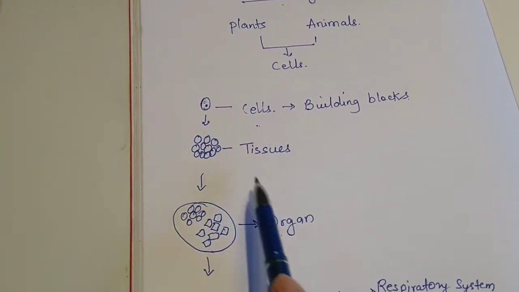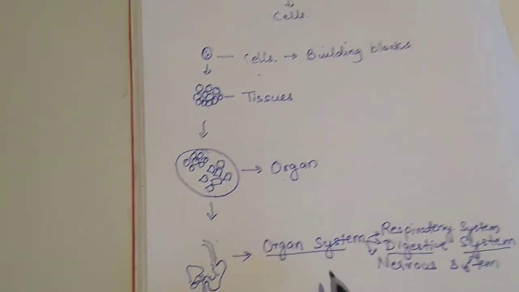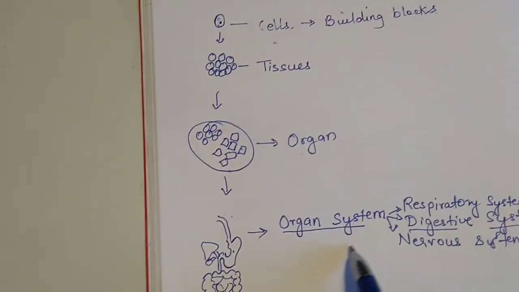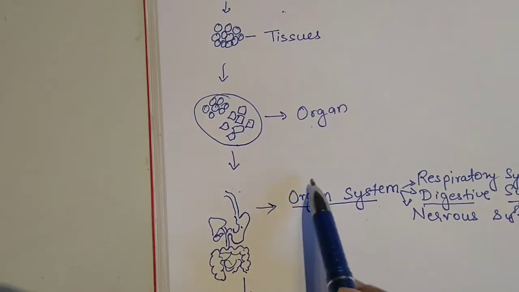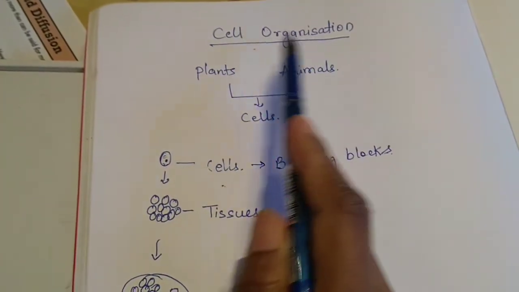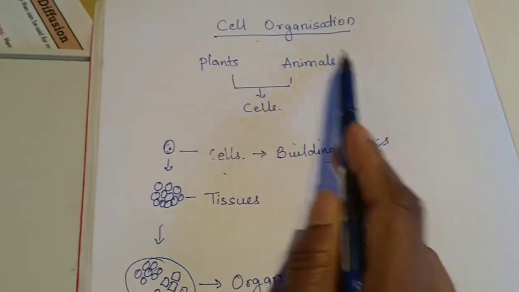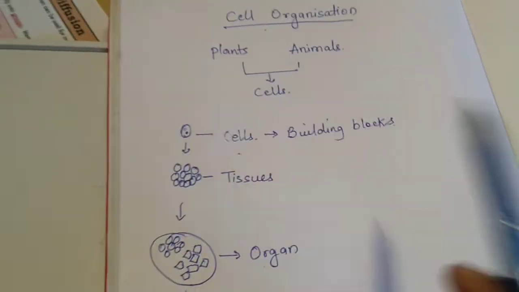These tissues join together to form different types of organs, and the different types of organs join together to form the organ system, and ultimately all organ systems join together to form the organism. So this is the organization of cells in the body of plants or animals.